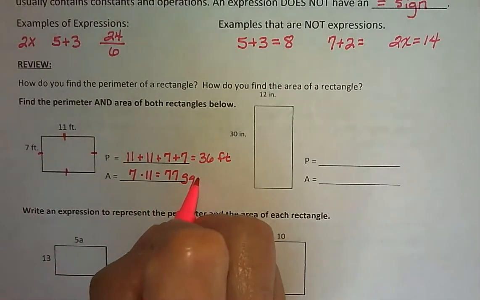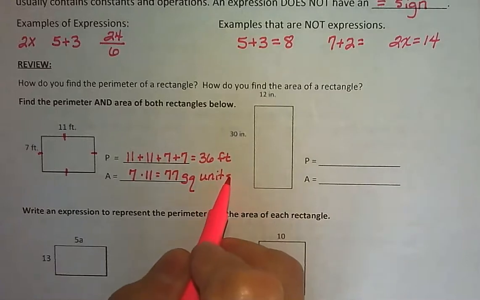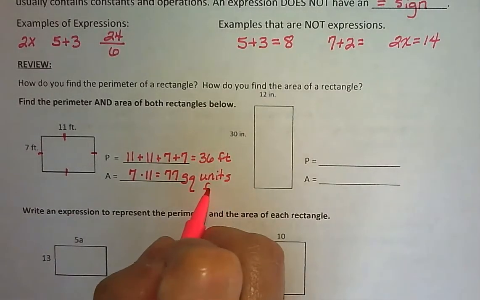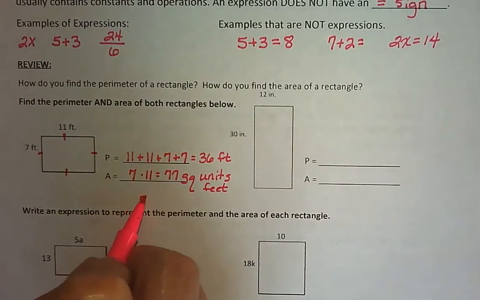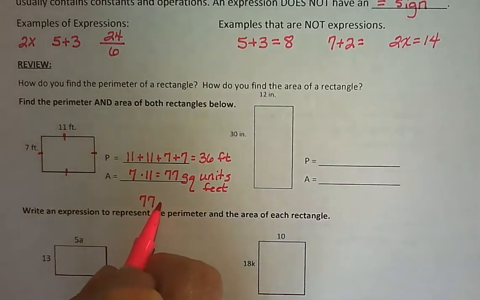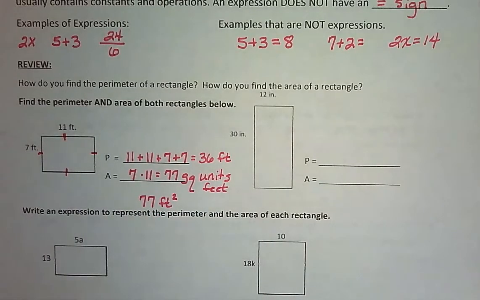So 77 square units, or, oh, I shouldn't say units here, I should say feet, right? Because we know the units. So square feet. Or you might remember that you can write that 77 feet with the little 2 up at the top. It's a shorthand way to write that. Remember, in this situation, when it's a label, this exponent goes on the unit. If we put that exponent on the 77, that would mean 77 times 77.